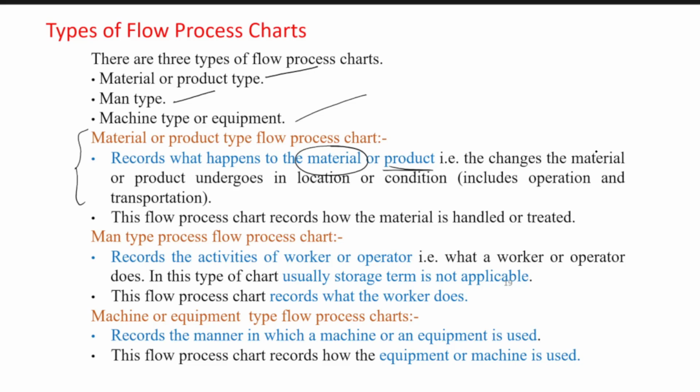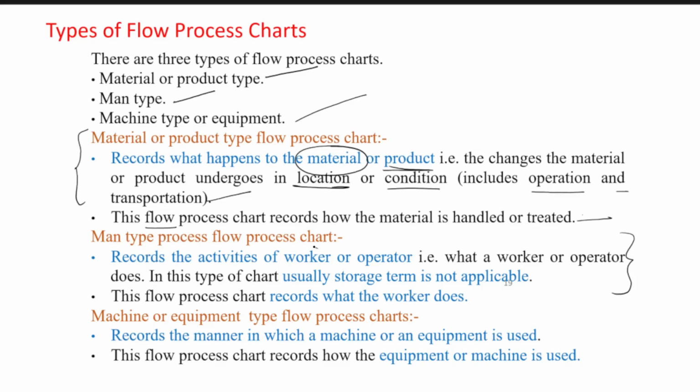That is the changes the material or product undergoes in location or condition, including operation and transportation. This flow process chart records how the material is handled or treated.